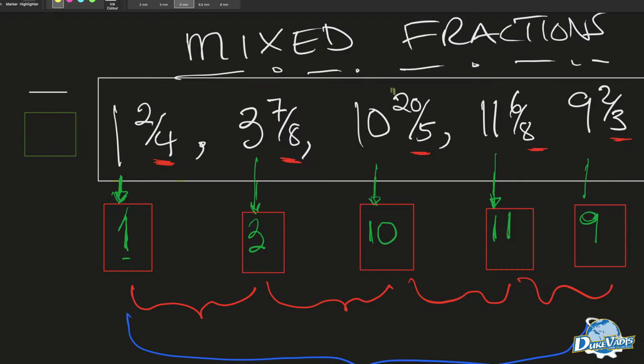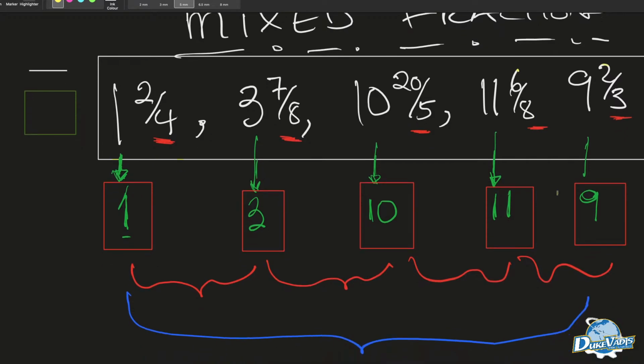And it's 10 whole number 20 over 5, and there's 11 whole number 6 over 8, and 9 whole number 2 over 3. You see? So now we've seen our whole numbers. 1 is a whole number, 3 is a whole number, 10 is a whole number, 11 is a whole number, and 9 is a whole number. Very beautiful.